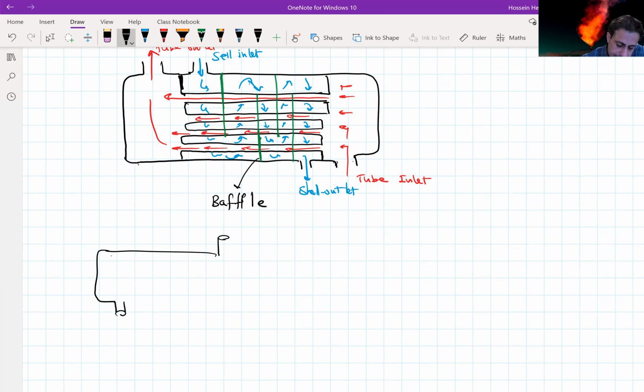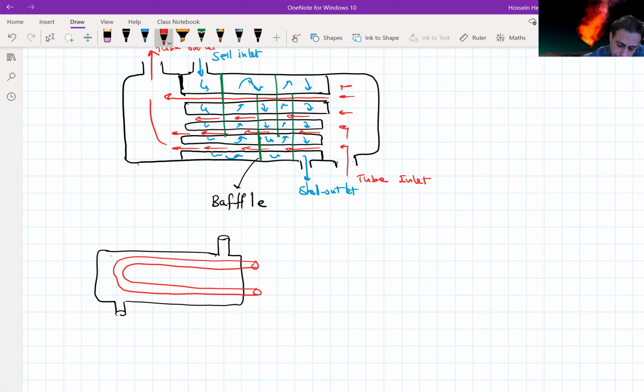So let's assume this is the shell, and the tubing inside. So tube in, tube out, and then the fluid is getting through the shell in and out. So this is one shell pass.